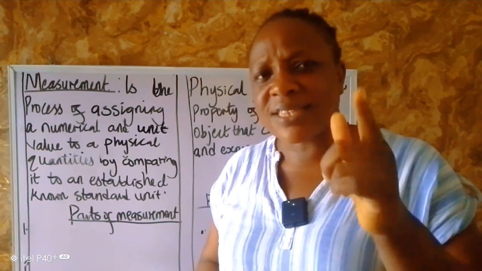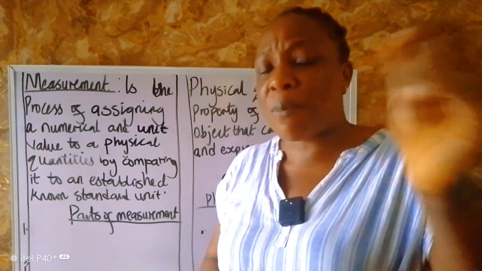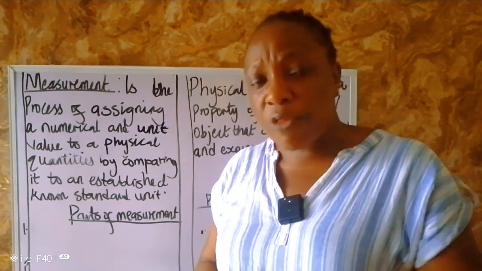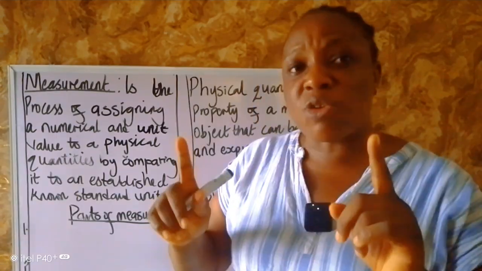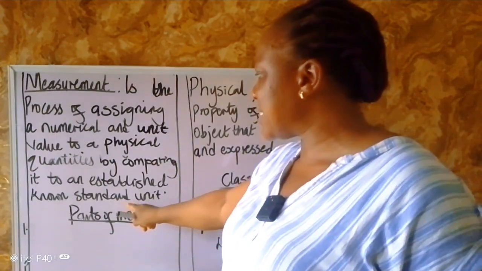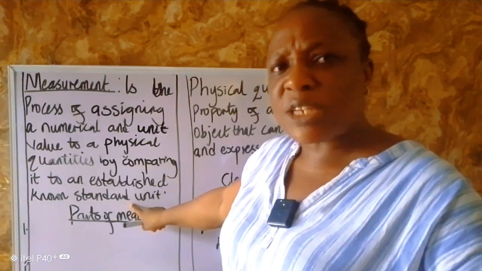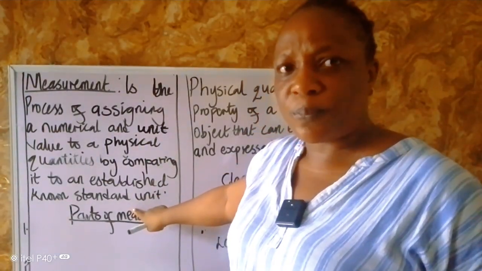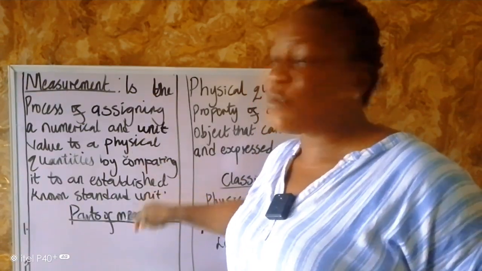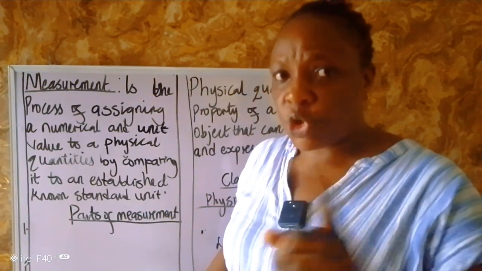So whenever a scientist discovers something and reports it, as a theory or as a law, others tend to understand it because we are using a unit assigned to it, and that unit is a standard unit. So whenever we measure something, we compare it with that one we agreed on. The process of doing that is known as measurement.